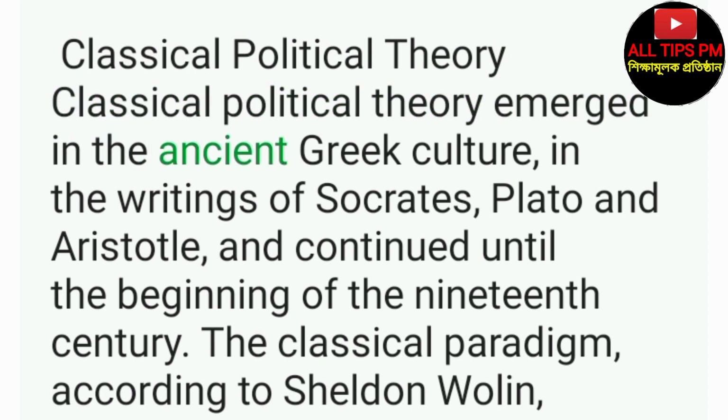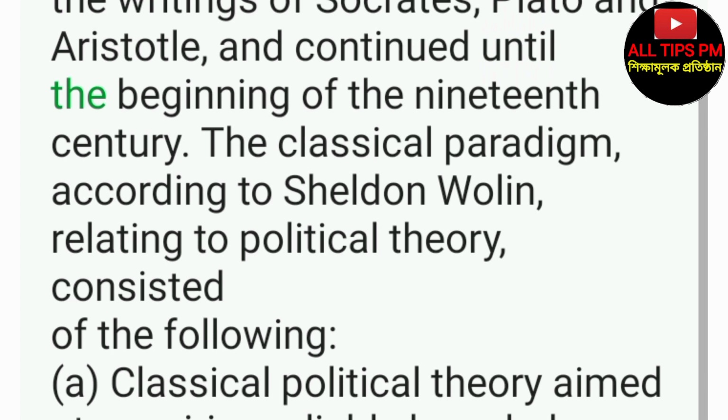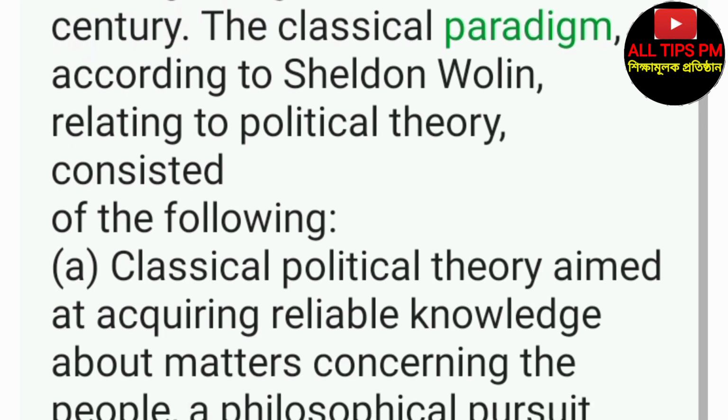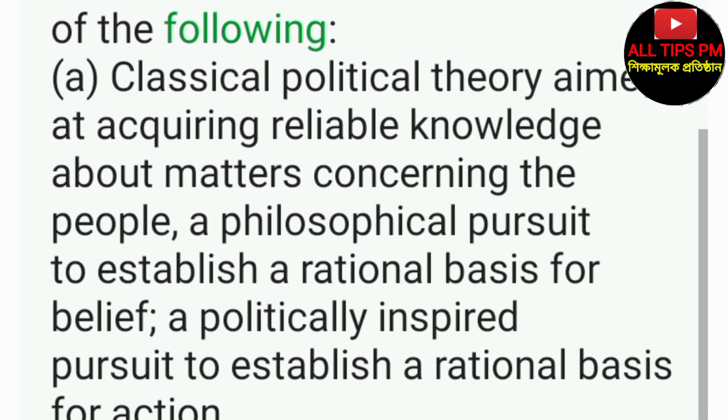Classical political theory. Classical political theory emerged in the ancient Greek culture, in the writings of Socrates, Plato, and Aristotle, and continued until the beginning of the 19th century. The classical paradigm, according to Sheldon Wolin, relating to political theory, consisted of the following.